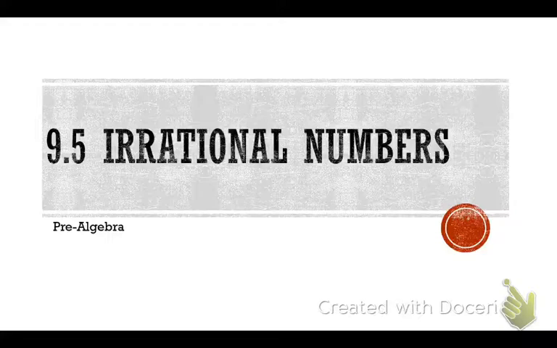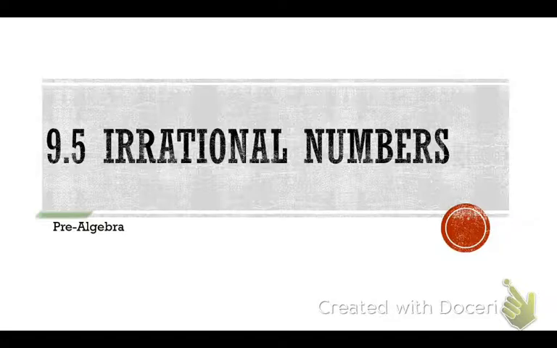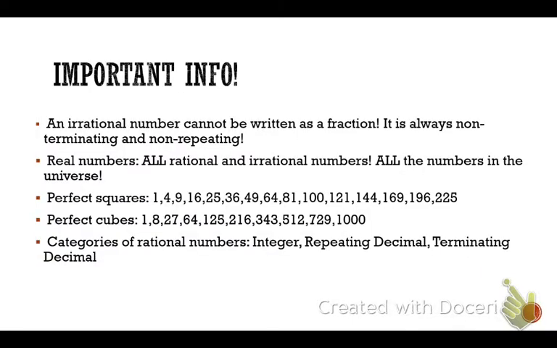Alright, so today we're in section 9.5, irrational numbers. It's the counterpart to 9.4, which was rational numbers. Today what we're going to see with irrational numbers is that they can't be written as a fraction. They are always non-terminating and non-repeating, meaning they just go on and on without a pattern and they do not end.